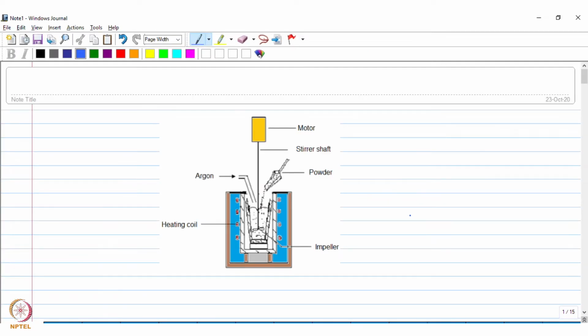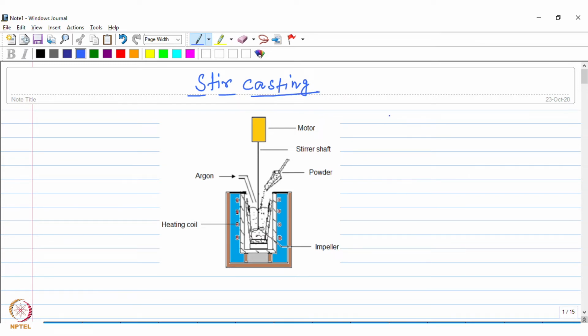One of the simplest methods in the liquid metallurgy route is known as stir casting.